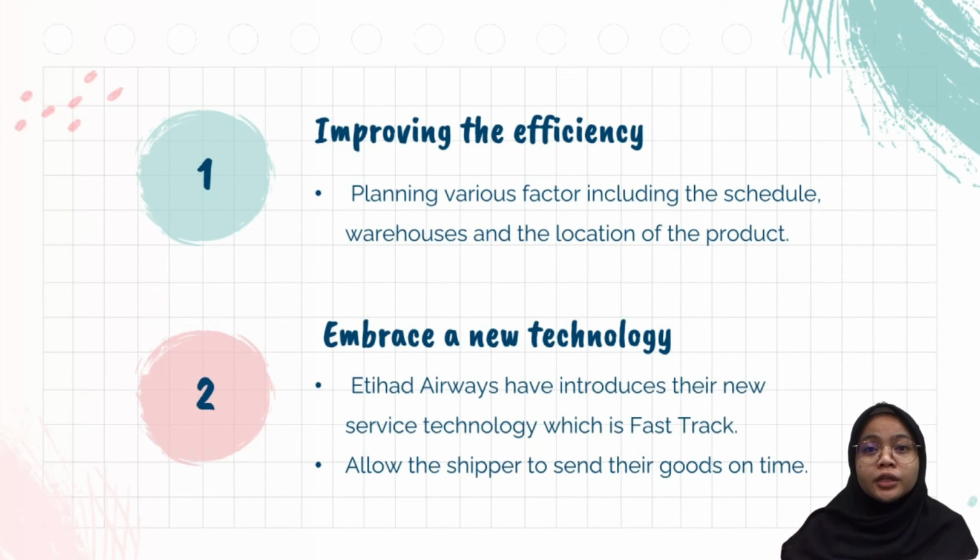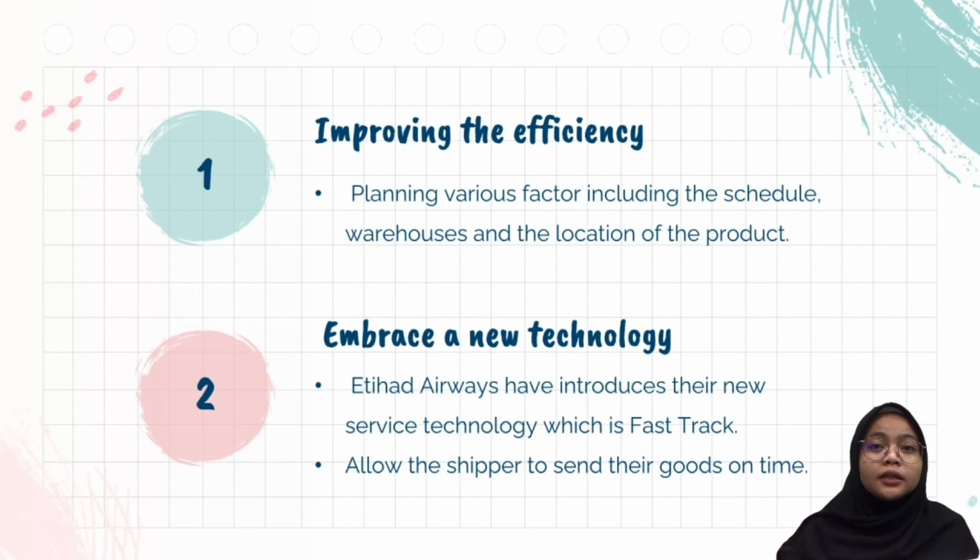There are some ways of gaining back the air freight demand. So, in my opinion, improving the efficiency of the shipment is one of the ways that can gain back the freight demand. In order to get customer satisfaction, the first thing that the carriers must do is plan various factors, including the schedule, warehouses, and the location of the product.